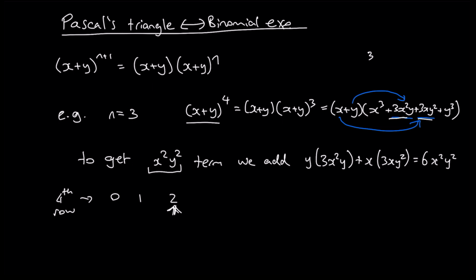Along the third row, the zeroth number is the x cubed term. Then the first, second, third, we have the x squared y and the xy squared. So in order to get the second number along the fourth row, we added the first and the second number along the third row, which also links to that combinations result we just proved.